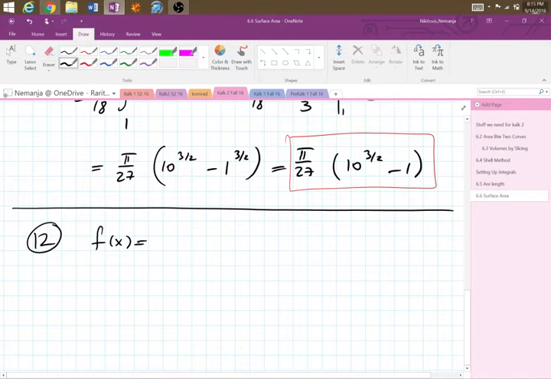So f of x, which is y, is, I'll write it on the board. x to the 4th over 8 plus 1 divided by 4x squared on 1 to 2. Which problem is this? Problem 12 on page 457 in the current textbook.